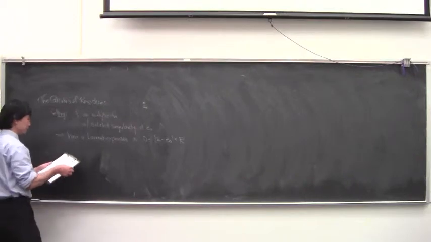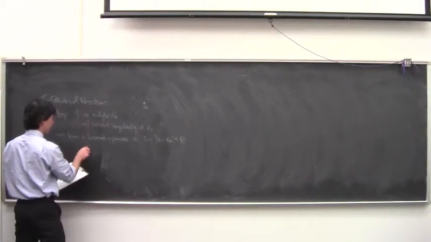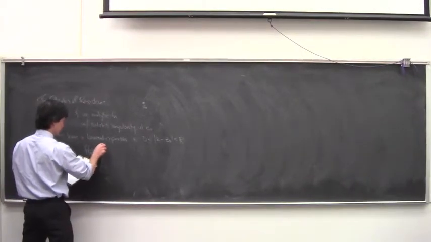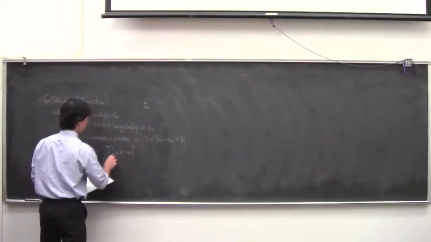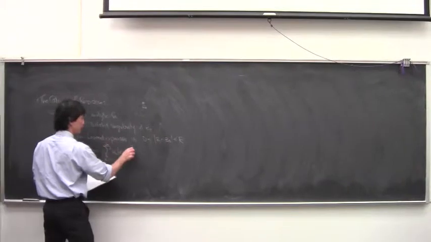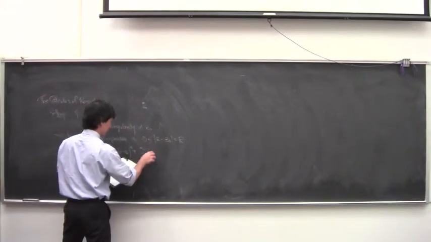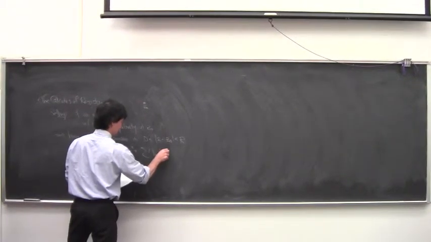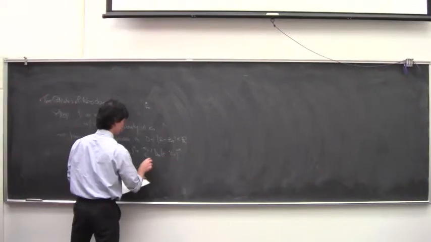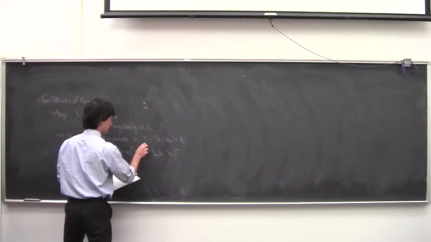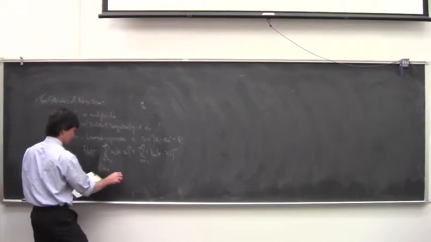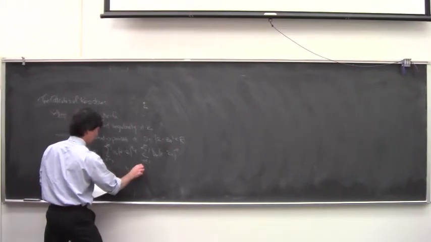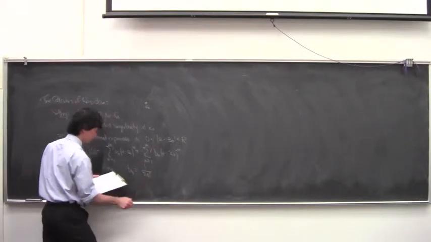So you have something like f of z equals the power series part, and then you have what's called the principal part, the terms of negative powers, where b sub n, as you recall. So this is all stuff you know.